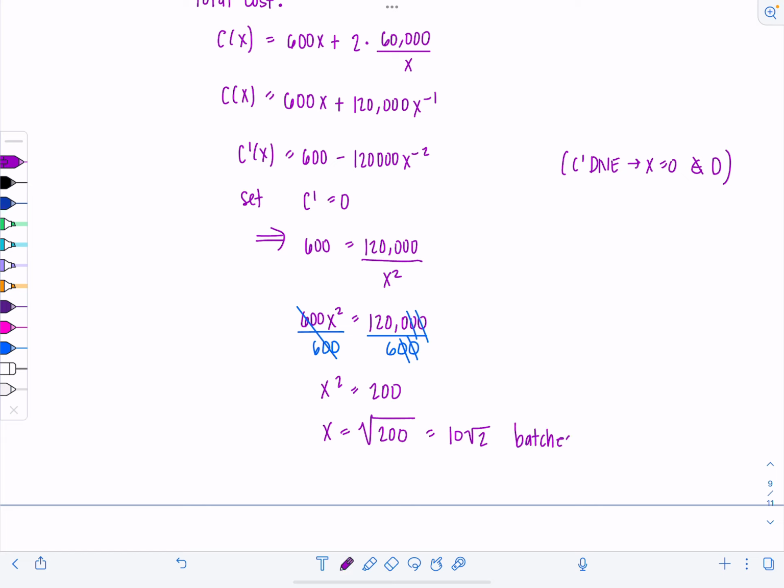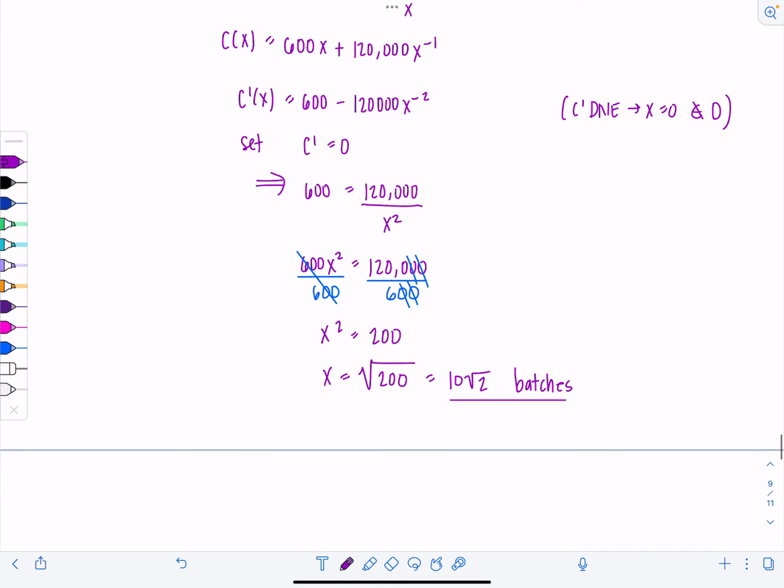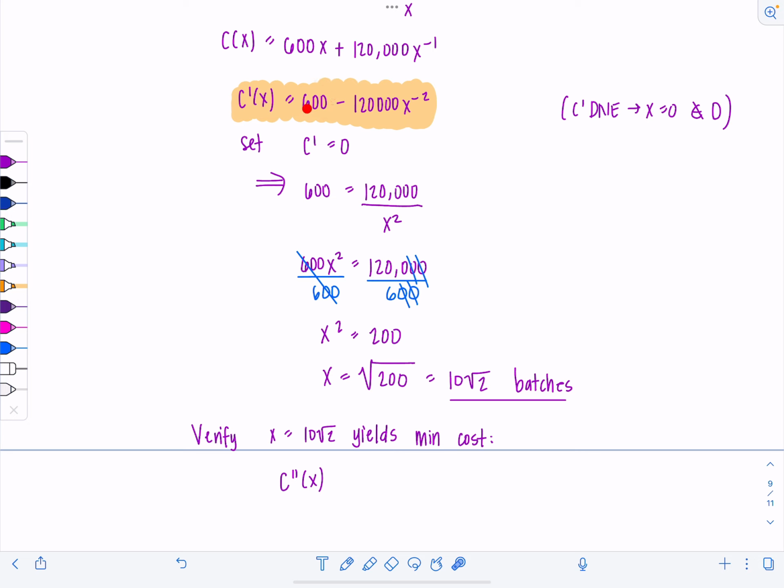Now we need to verify that this yields indeed the minimum cost. So verify X equals 10 rad 2 yields the min cost. How do we do that, guys? Yes, second derivative test. So let's take one more derivative, right, using that version of C prime. So C double prime. Derivative of 600 is 0. So bring that exponent down in the front.